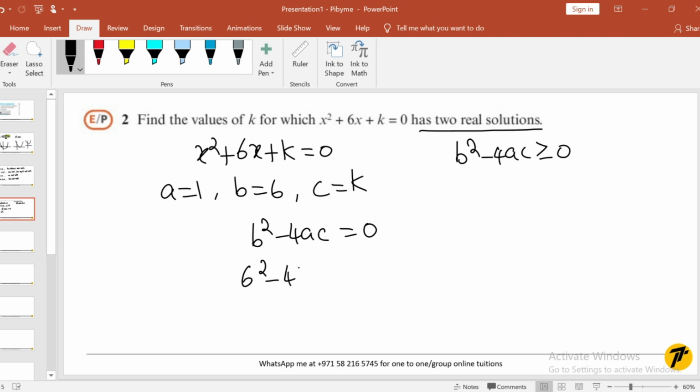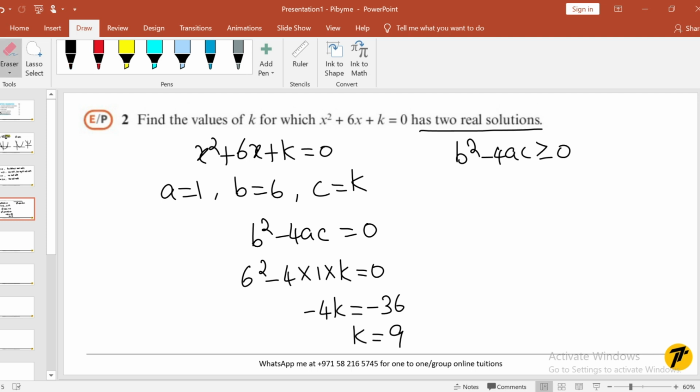6 squared minus 4k is 0. Minus 4k is equal to minus 6 squared. So k is negative 36 over negative 4, 9. That's the value of k. Sorry, I made a mistake here. This should be greater than or equal to, not just equal to 0.